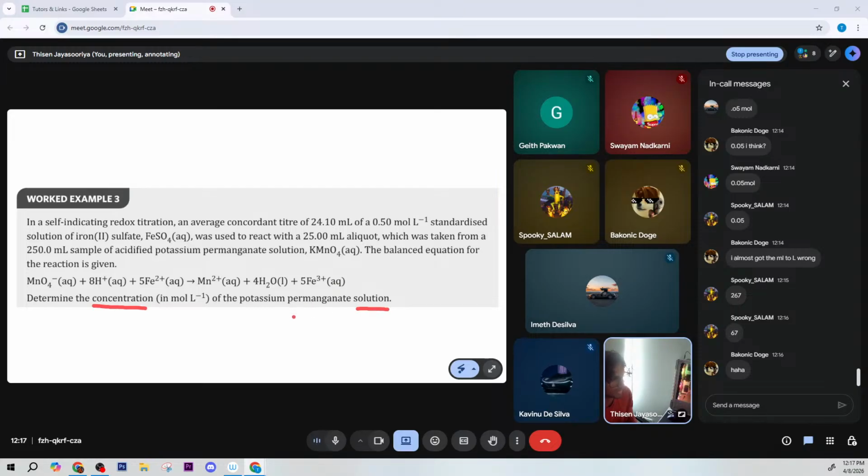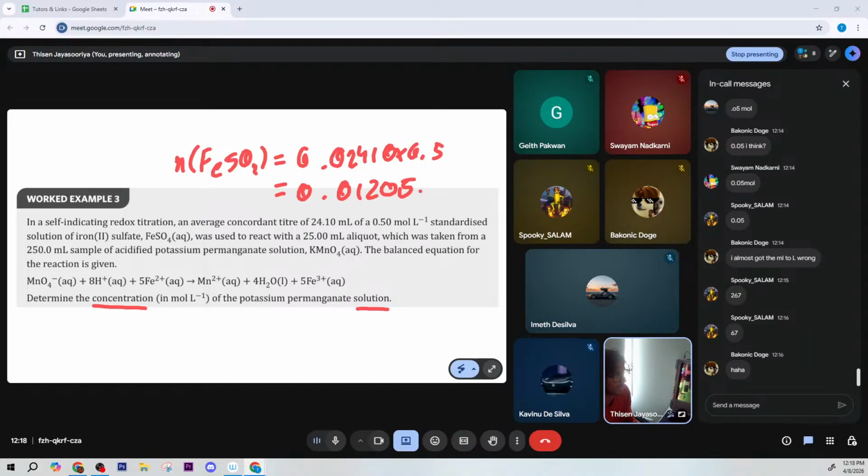So the first thing I'm going to do is n of FeSO4 equals 0.02410 times 0.5, right? That's going to get me 0.01205 moles. So we found the number of moles of the known.